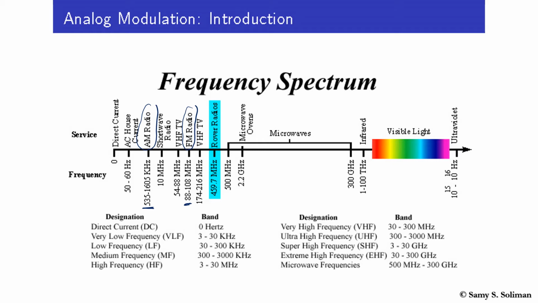Also, we have many other communication systems, such as the TV systems, which use the range of frequencies around 50 megahertz and another range around 200 megahertz. We have what we call the infrared range in the terahertz frequency.